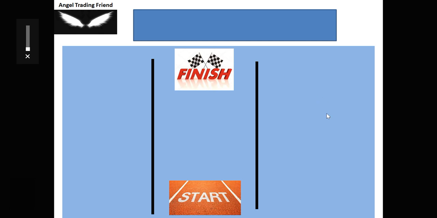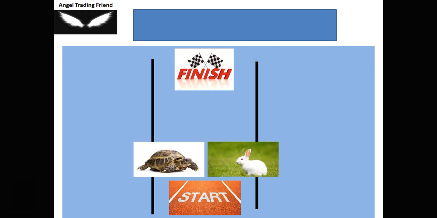So when you hear about a race, what comes to your mind? I'm not talking about your financial race or your job race or anything. I told you I'm teaching you a child's example. So when you hear of a child's example, the first thing which comes to our mind is the race between the hare and the tortoise, nothing but the rabbit and the tortoise.